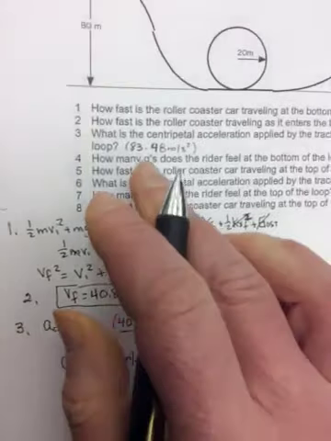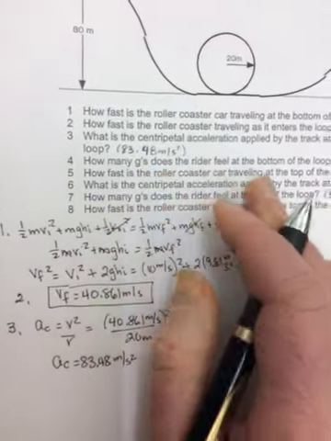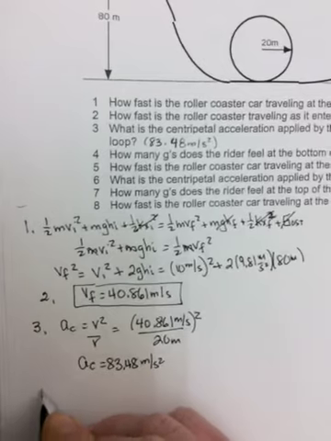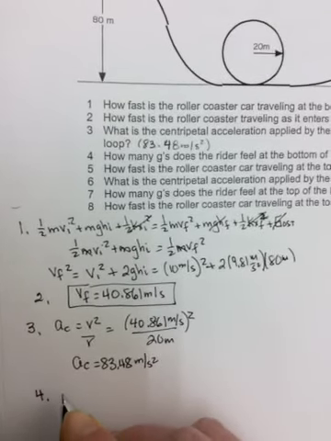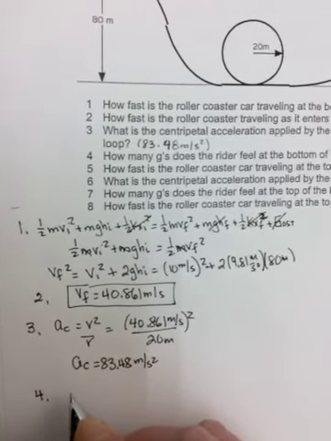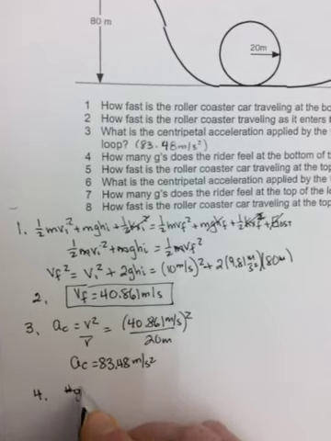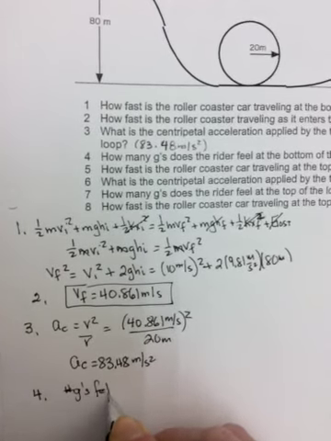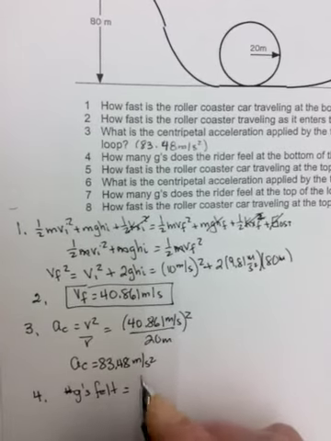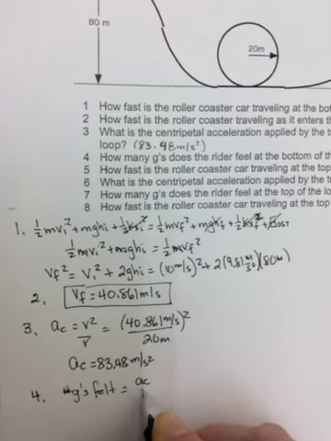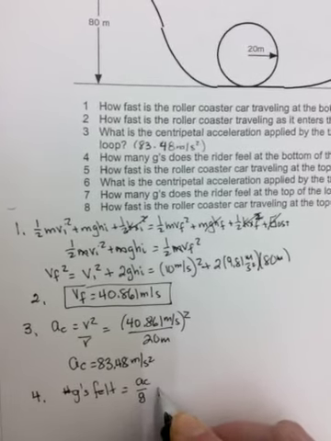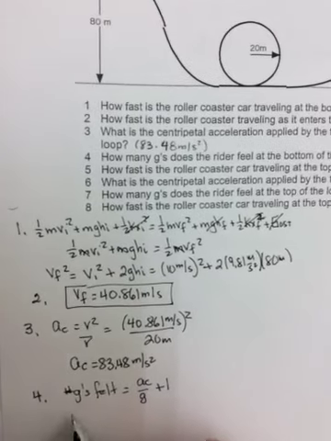Okay? Number 4, how many G's does the rider feel at the bottom of the loop? Okay, so at the bottom of the loop, the number of G's felt is equal to, remember from today, AC over G, and at the bottom it's plus 1.